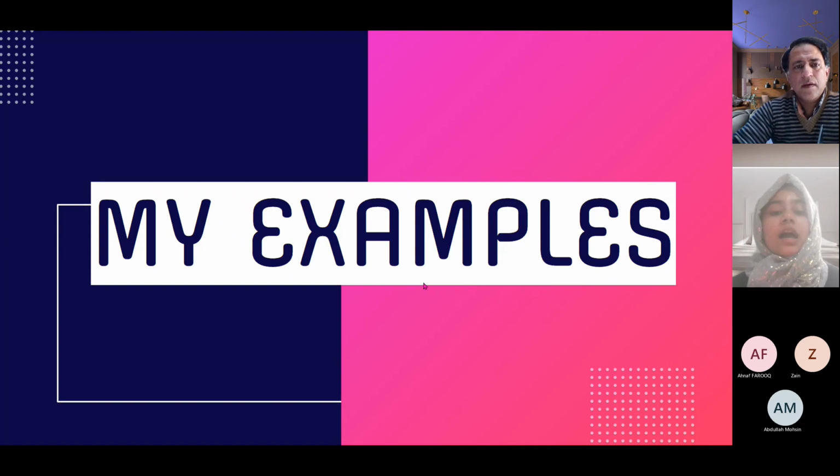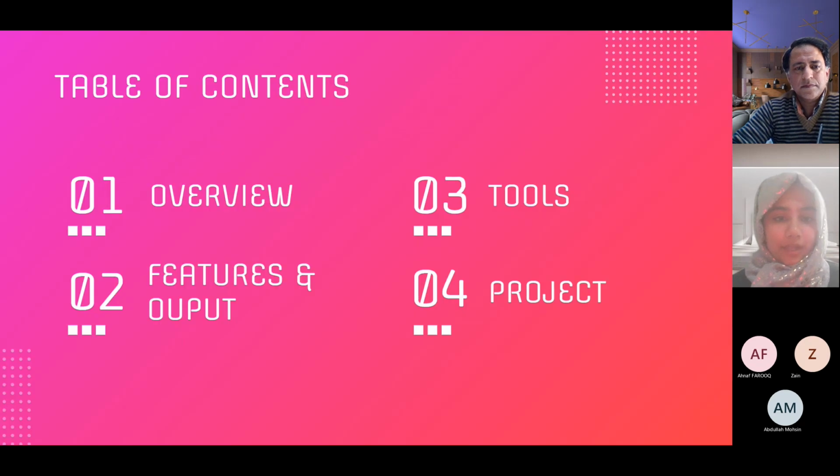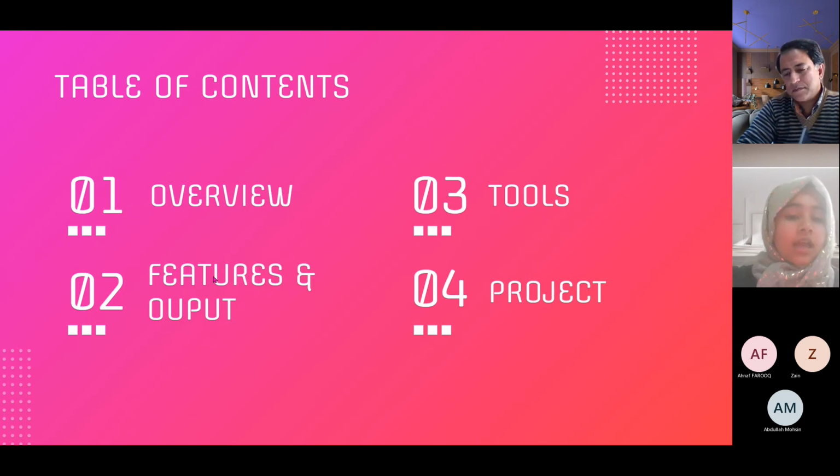I'm going to show you real-life examples that I've actually made in Adobe Photoshop and Illustrator. But before we do that, let's go through a little bit of the table of contents. Right now we've had a brief overview of Adobe Photoshop and Adobe Illustrator.